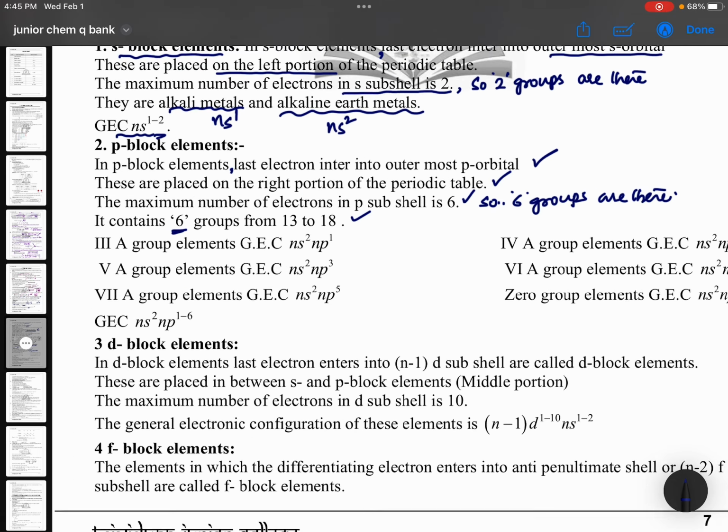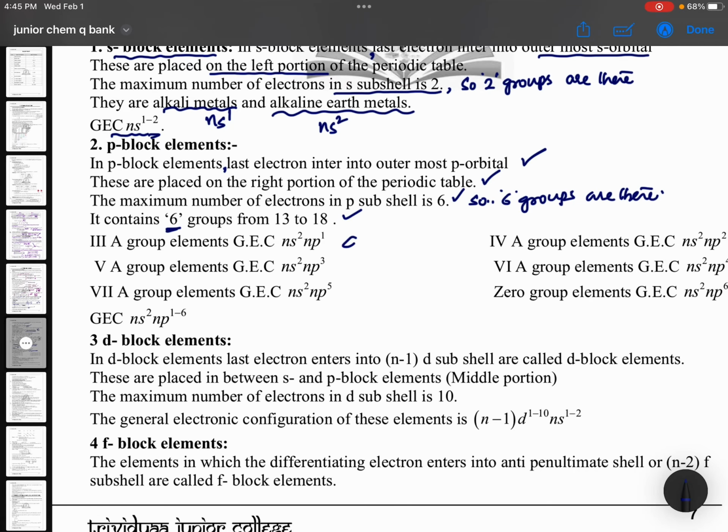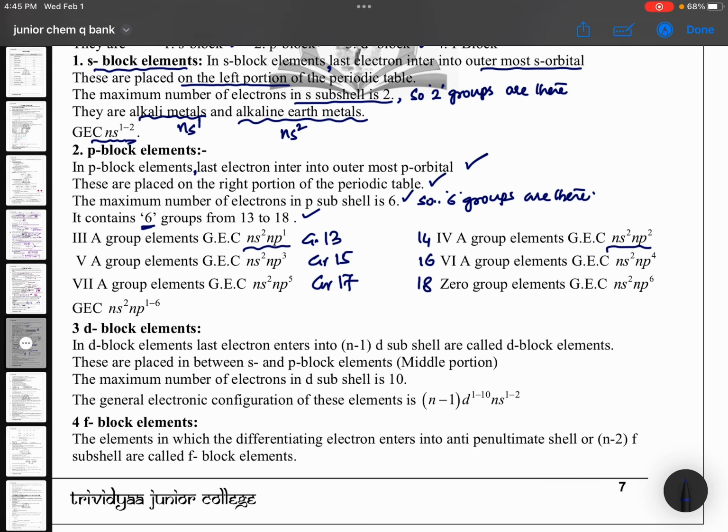Group 13, this is group 15, this is group 17, this is 14, 16 and 18. Electronic configuration is ns2np1, ns2np2, ns2np3, ns2np4, ns2np5, ns2np6. So ns2np1 to 6 is the general electronic configuration.